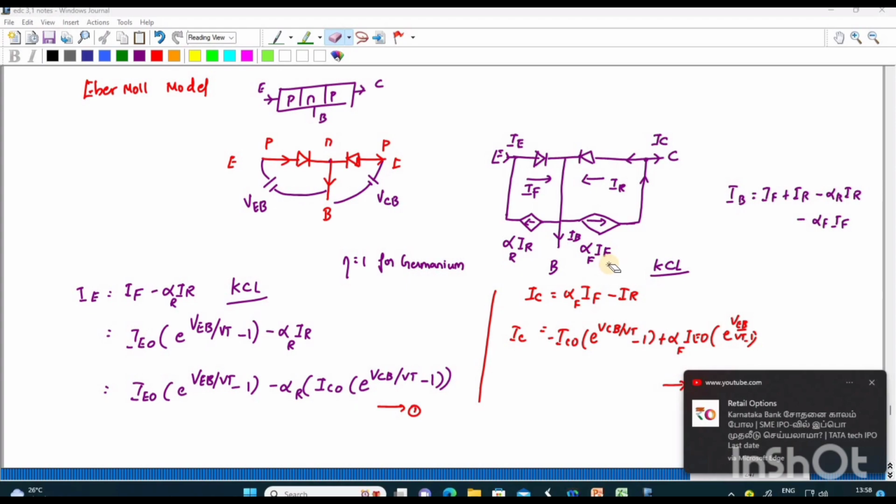And likewise alpha F IF is a portion of the emitter-base diode current which is coupled through the base to the collector.